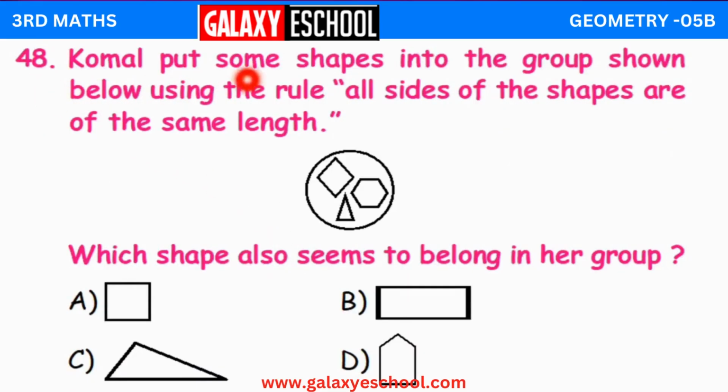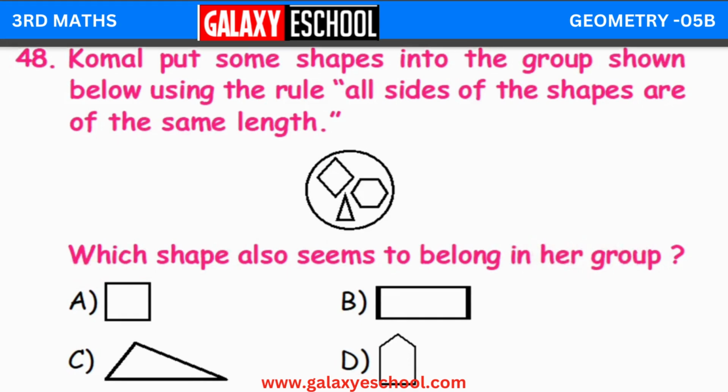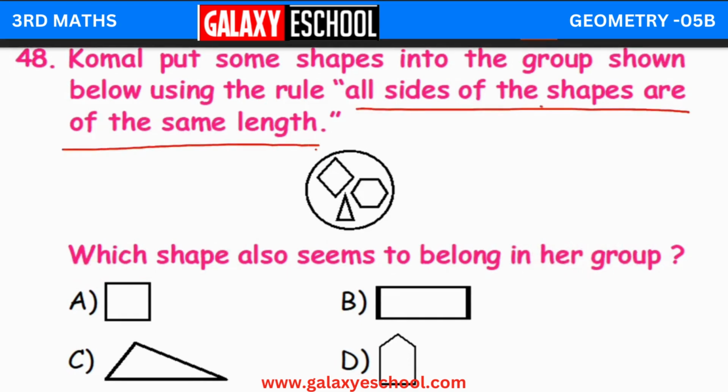Question 48. Komal put some shapes into the group shown below using the rule all sides of the shape are of equal length. Now which shape also seems to belong in her group? That means what is this? All sides of the shapes are of the same length. So from the given four options, we have to find out the shape which has the sides of the same length.